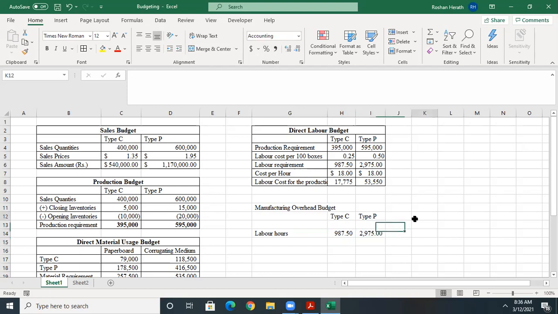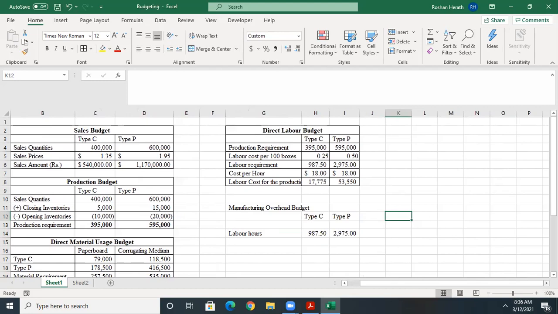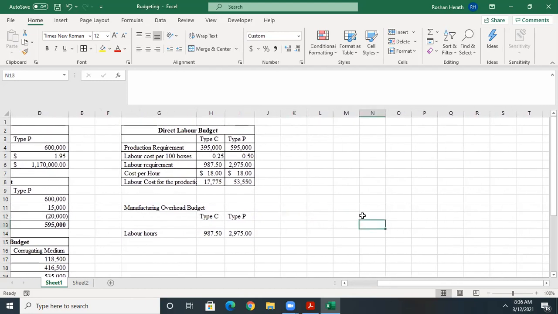That's a labor requirement. Now we need to work out what is the manufacturing overhead budget. So let's take the budgeted overhead absorption rate. You need to get that.